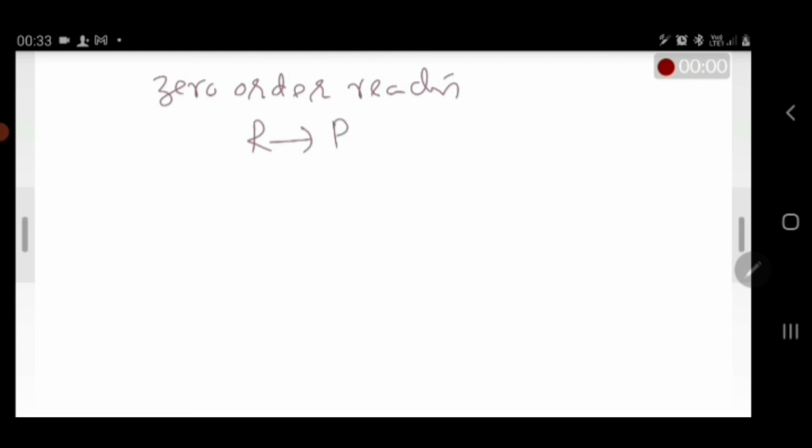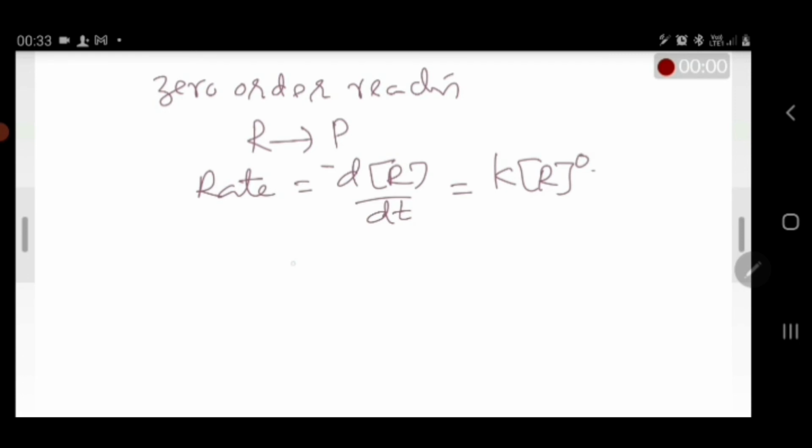This is how you have to start. The reactant will get converted to product. So the rate of the reaction could be written as minus dR by dt is equal to k into R raised to 0. Because for this particular reaction the zeroth power of the molar concentration of the reactant will determine the rate of the reaction.